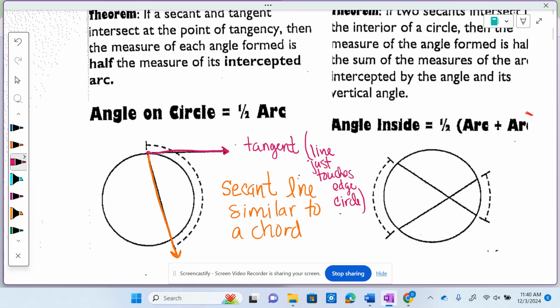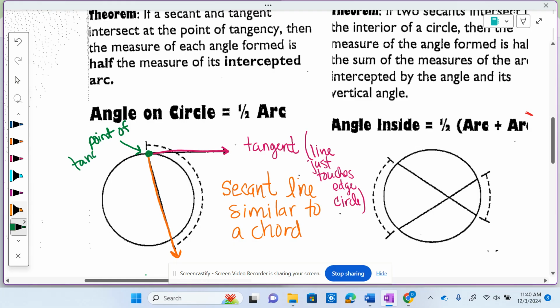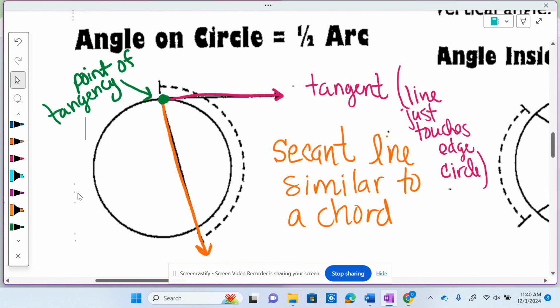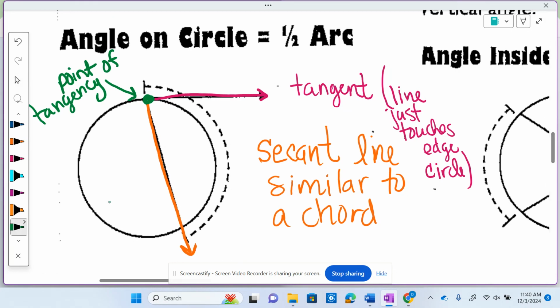So when a secant and a tangent meet at the point of tangency, that's this guy right here, the point of tangency, the formula for the angle, or the way that we figure out the measure of the angle, we're going to call it x degrees.